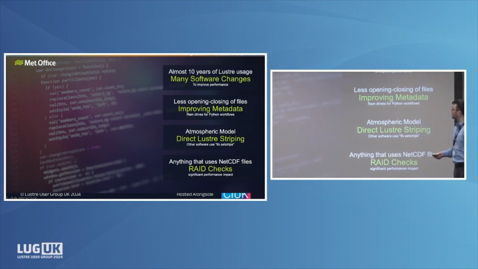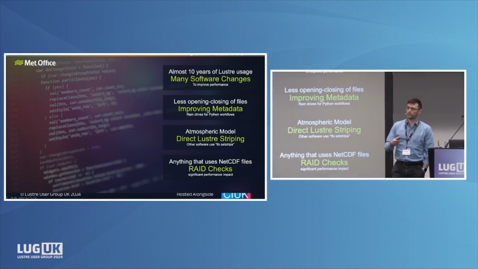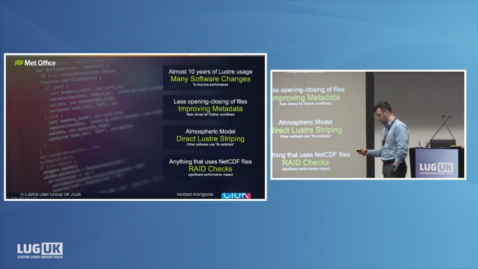During these almost 10 years of working with Lustre, we made a lot of software changes on our atmospheric model, our ocean models and climate models, mainly to improve the performance. One of the first things we did was to work on the metadata.